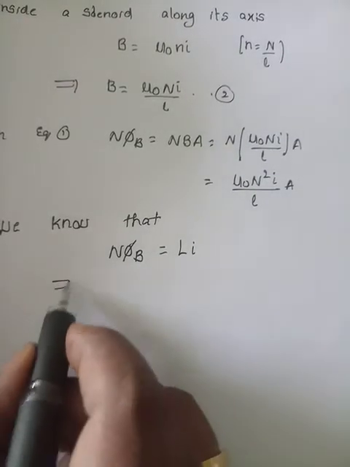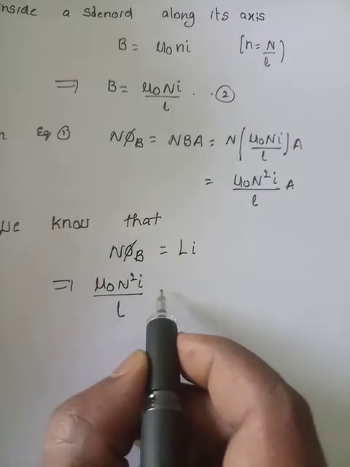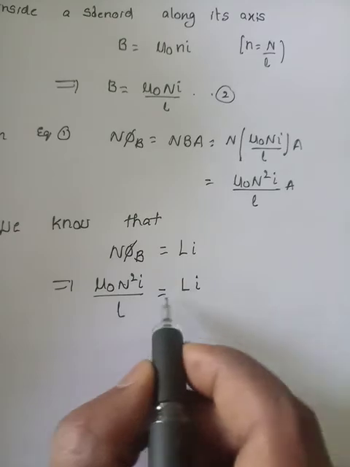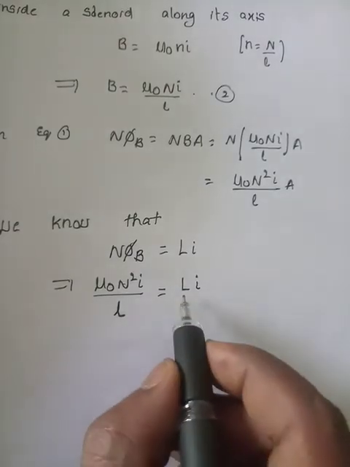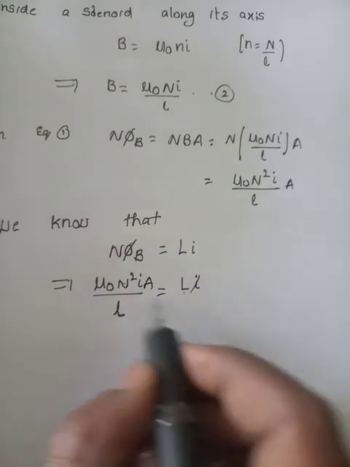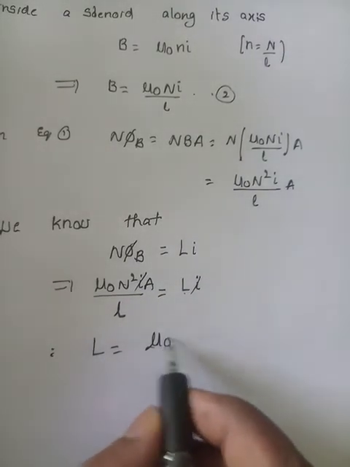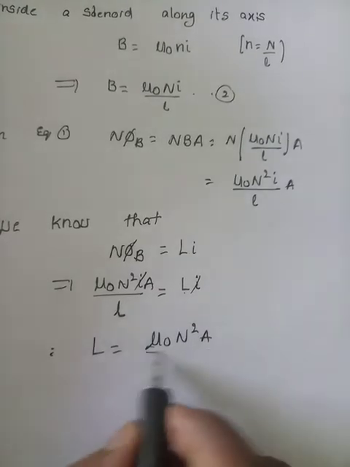So, mu naught N square i by L into A equals L i. Here, this L in the denominator is the length of the solenoid, and this L is self inductance. So, i gets cancelled, therefore L is equal to mu naught N square A by L.